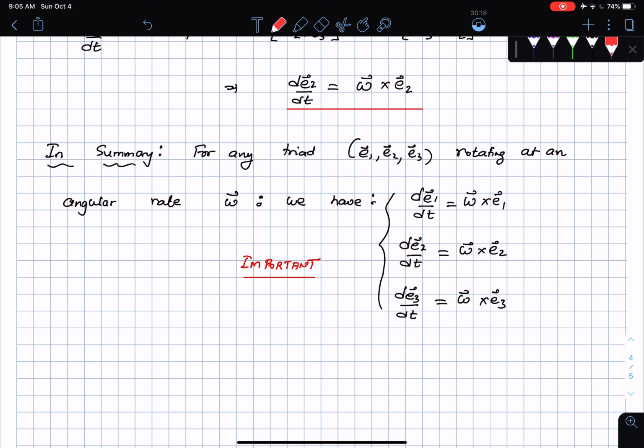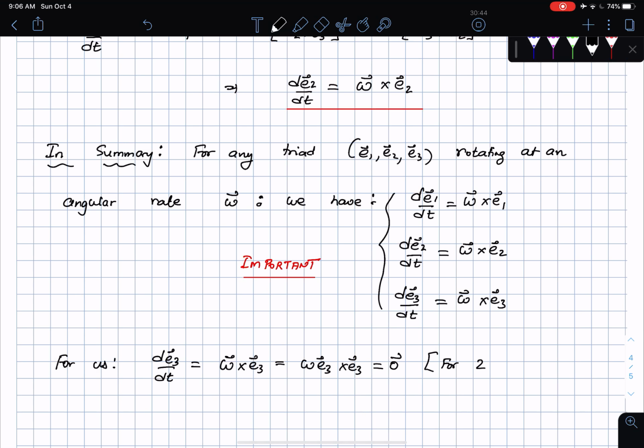Okay, and for us, dE3 by dt is omega cross E3, which is not very useful for us, right? Because omega is in the same direction, so this is going to be omega E3 cross E3, which is equal to 0, just for us, for 2D motion. But if I have 3-dimensional motion, I have to probably make use of all 3 of these members of the triad.